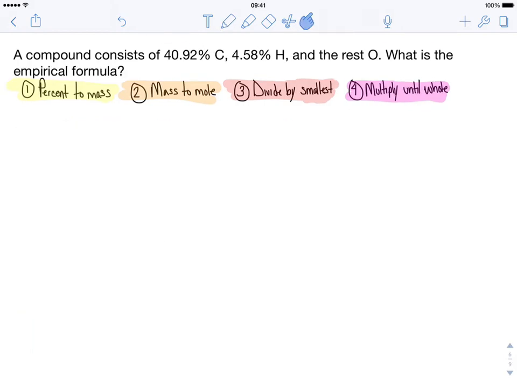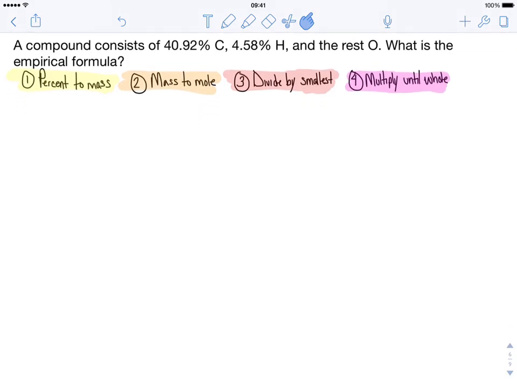Let's try another problem. So this problem says a compound consists of 40.92% carbon, 4.58% hydrogen, and the rest oxygen. What is the empirical formula? So let's take a look at the elements we have here. We have carbon, we have hydrogen, and we have oxygen.